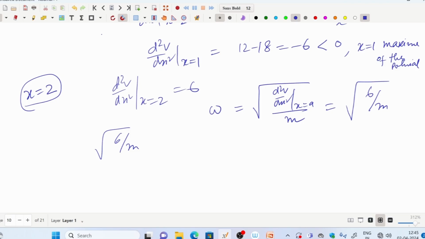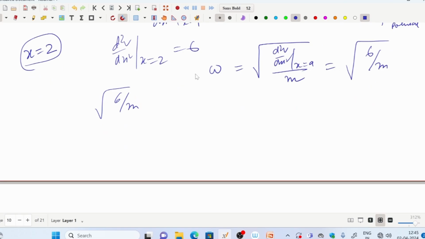Okay. So, now we will consider a more general case and make this analysis in a more general framework.